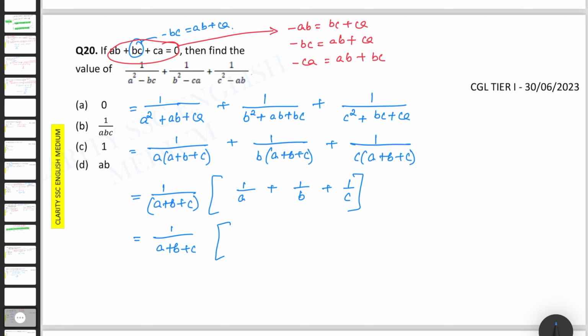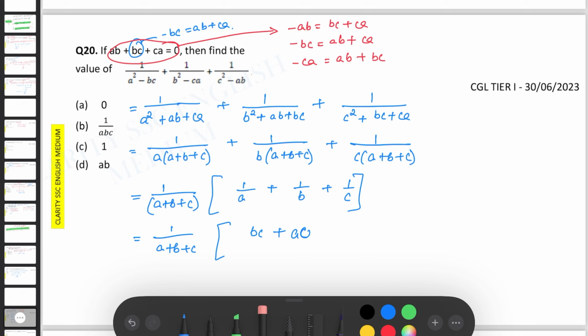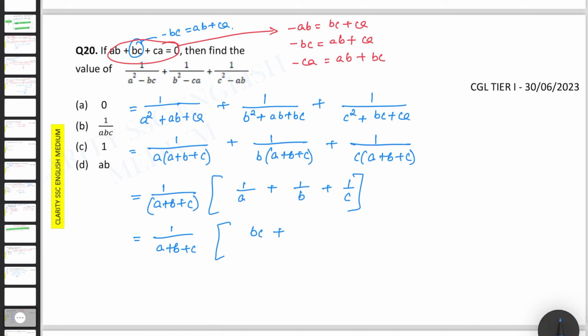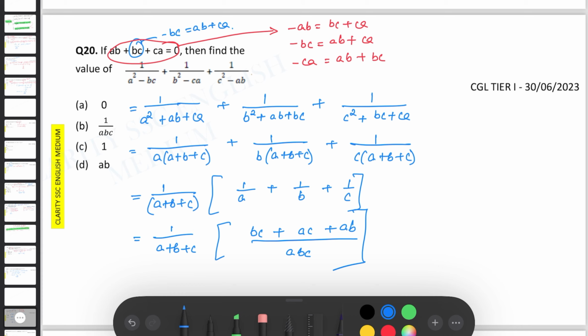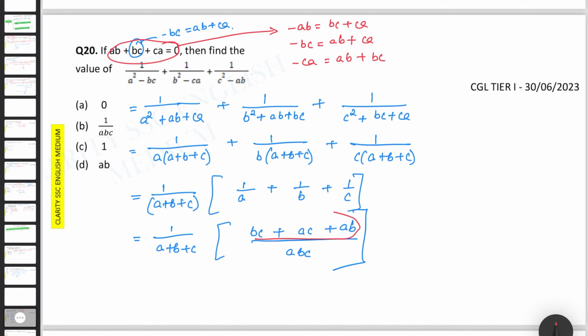So the value will be bc, ca, plus ab divided by abc. We know that the value of ab plus bc plus ca is 0. So this will become 0, so the whole expression will become 0. So option number A is the correct answer.